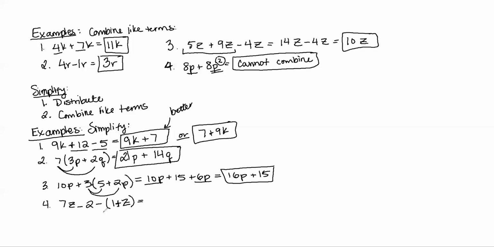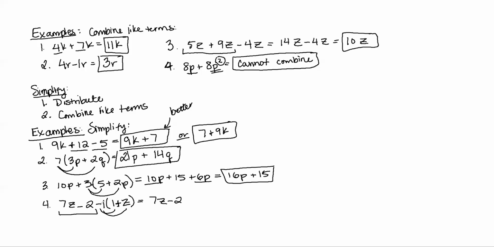This is one where it looks kind of weird, but remember this minus in front of these parentheses just represents a -1. So let's go ahead and distribute that -1 in, and we're going to leave this 7z minus 2 in the front. And I'm not going to put a plus or a minus here yet because we don't know what the sign is going to be for the first term.